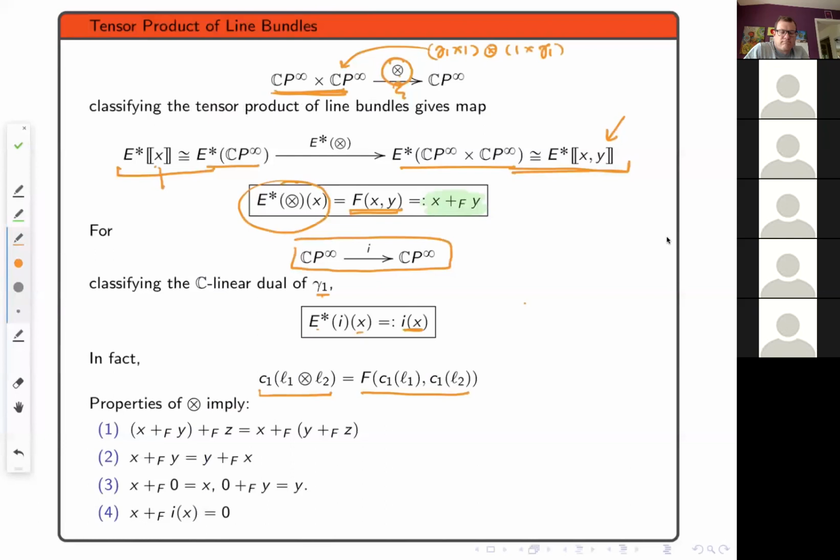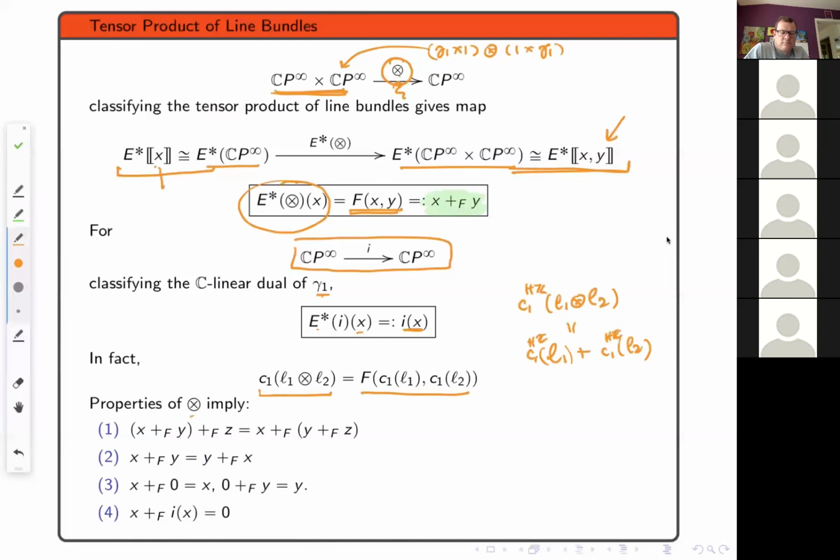So if you remember in the classical story, the first Chern class of the tensor product of two line bundles is the sum of the Chern classes, okay? But in general, for complex-oriented theories, there's always a formula, and it's this power series. That's what it's giving you.